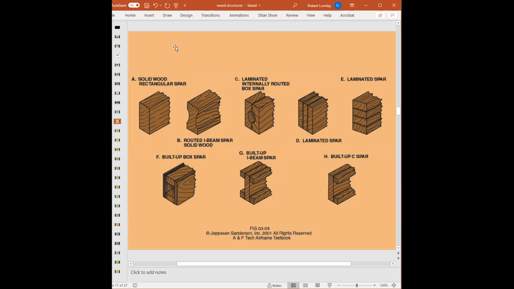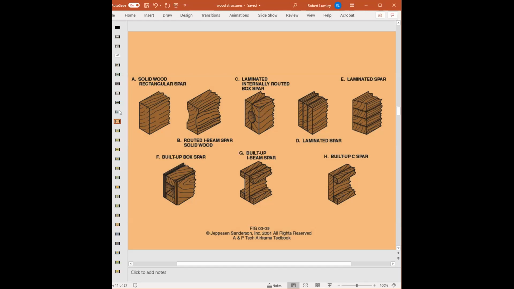All right. The page 11 now, we go into wood structure repairs, and they talk about wood spars. Okay. And there are questions about spars and stuff. So here's a solid rectangular wood spar.